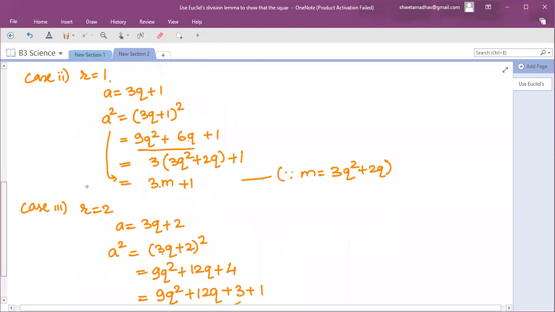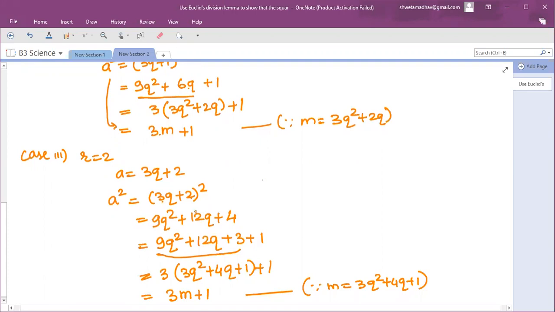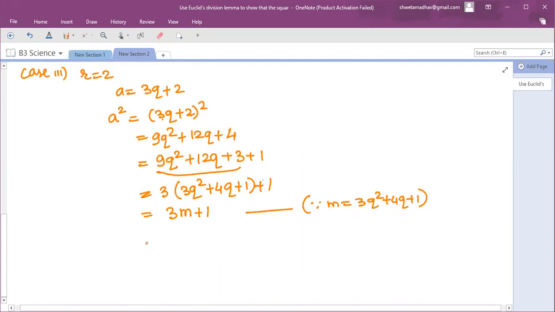And if the remainder is 2, in that case, such a number's square can be written in the form 3M plus 1. So we don't get remainder 2. These are the only possible cases. Any square number divided by 3, we will get either remainder 0 or 1 only. Clear?